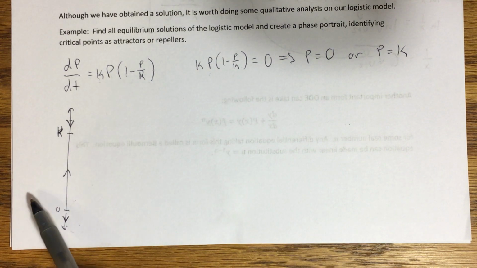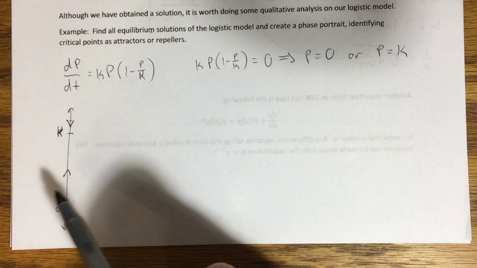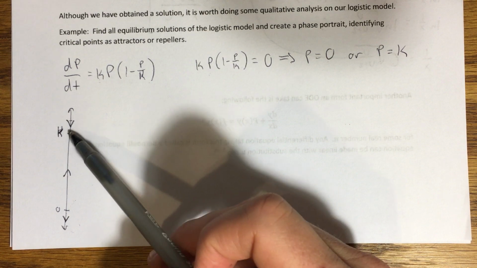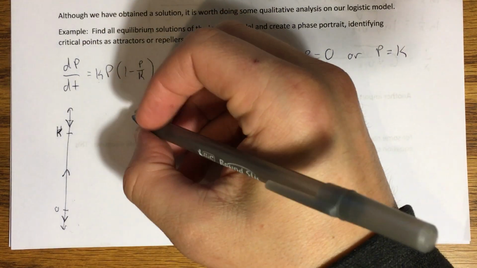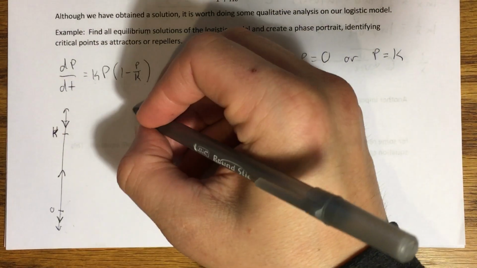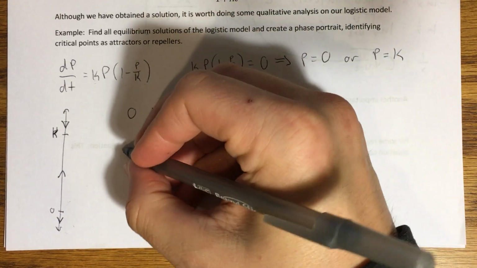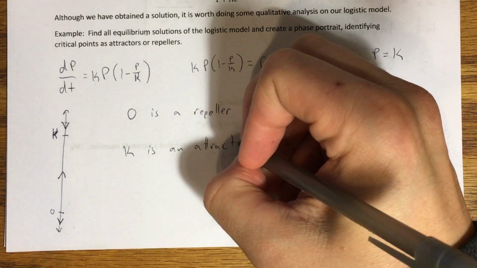That can happen, hypothetically, if you take a population of, I don't know, deer or field mice or whatever, and then just move them into an environment that has a lower carrying capacity than the total size of that population, you'll see them start dying off. So we expect our population to decrease once we pass that carrying capacity, but increase if we haven't gotten there yet. So that means 0 is a repeller, and k is an attractor.